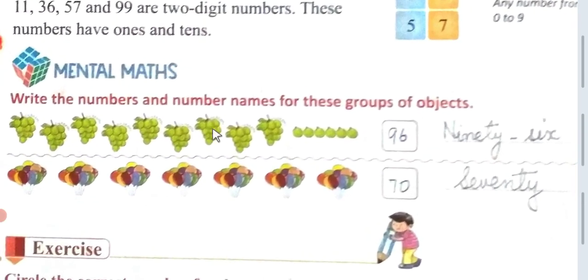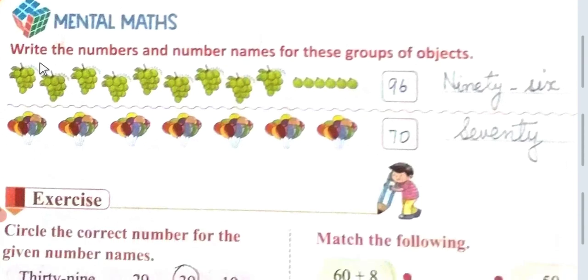So let's see the mental maths. Write the numbers and number names of these groups of objects. You can see 9 bunches of grapes are given here, and each bunch contains 10 grapes.